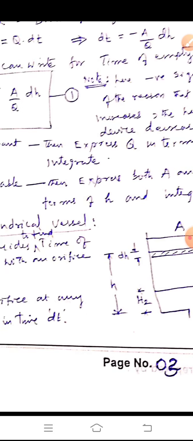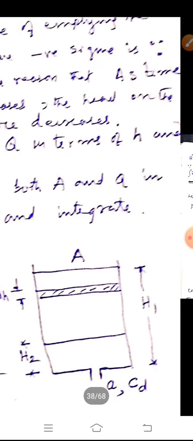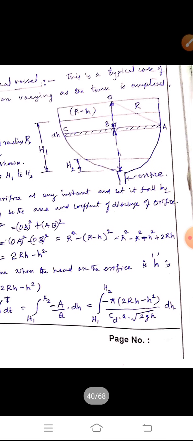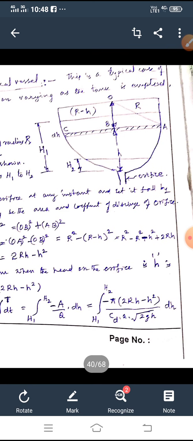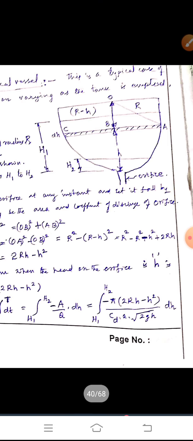Suppose A is variable, then express both A and Q in terms of H, and then we have to integrate. Because, for example, if you consider a hemispherical tank like this, then the area of liquid surface from top up to the bottom is not constant. It is gradually decreasing.